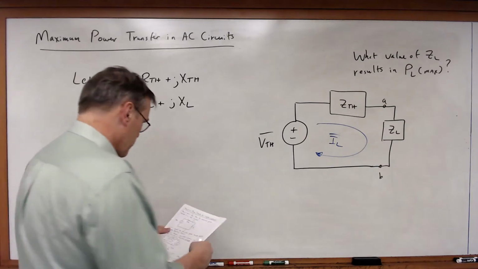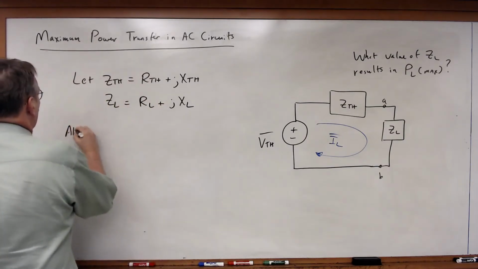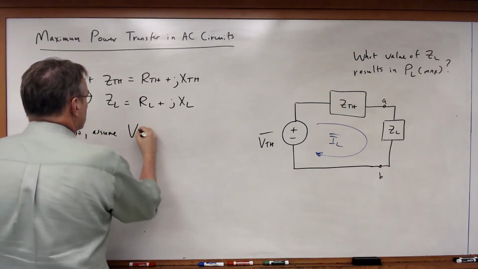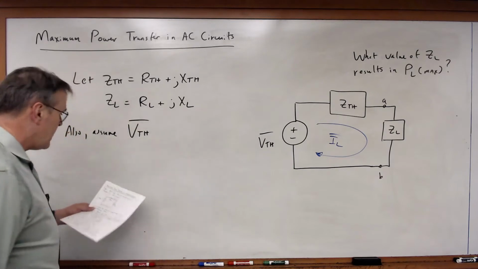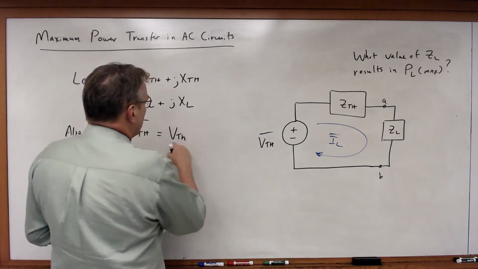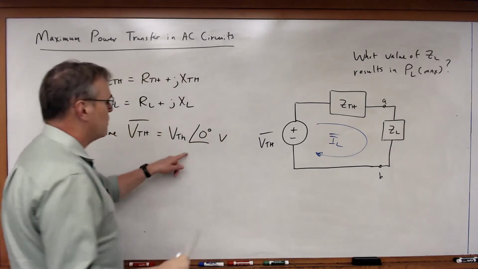So given these definitions, we're also going to assume the following. We're going to assume that VTH is equal to some VTH magnitude at a phase angle of 0 degrees volts.